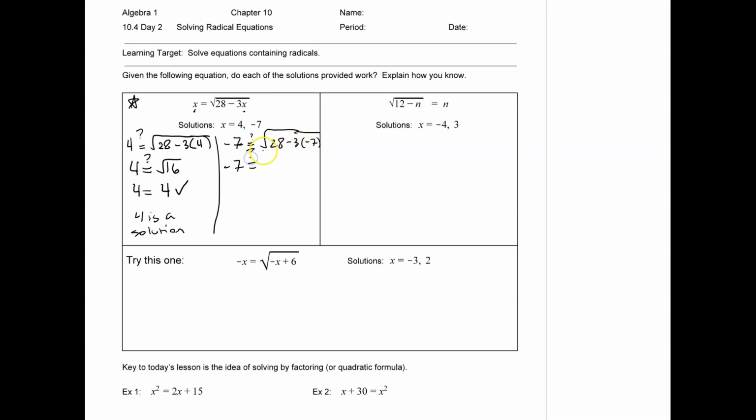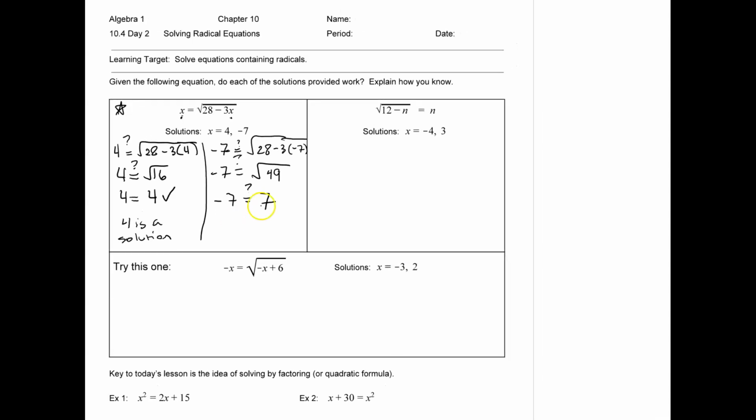So we have -7, is that equal to the square root of 28 plus 21, which is 49. And we get, is -7 equal to 7? Now, the square root is already in the problem. We're just taking the square root of 49, which is 7. 7 and -7 are not equal to each other. So -7 is not a solution.